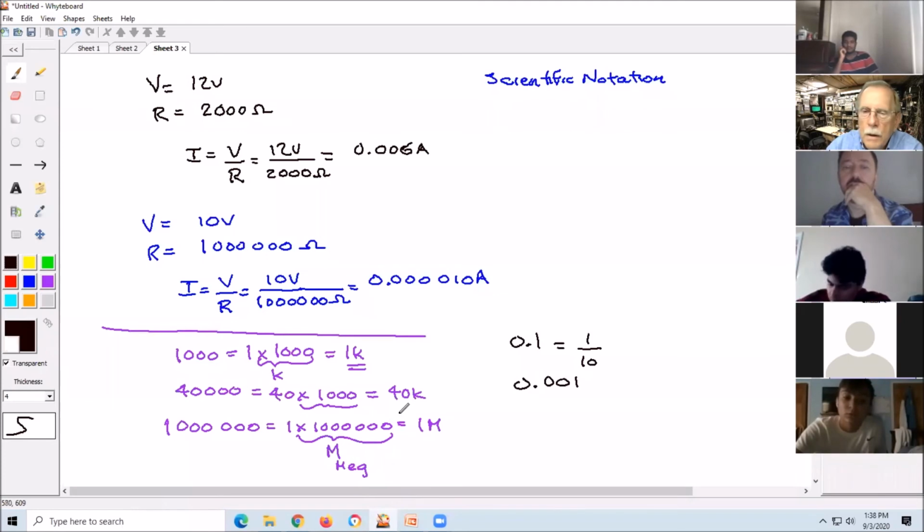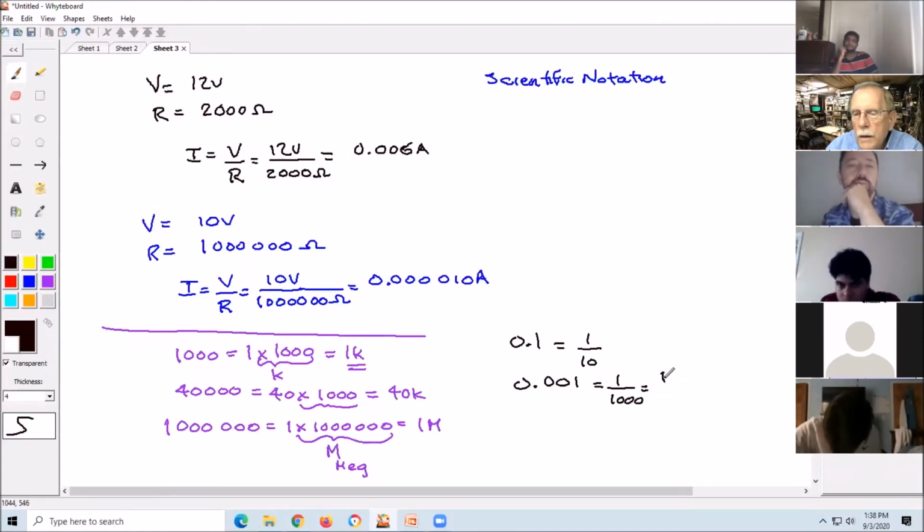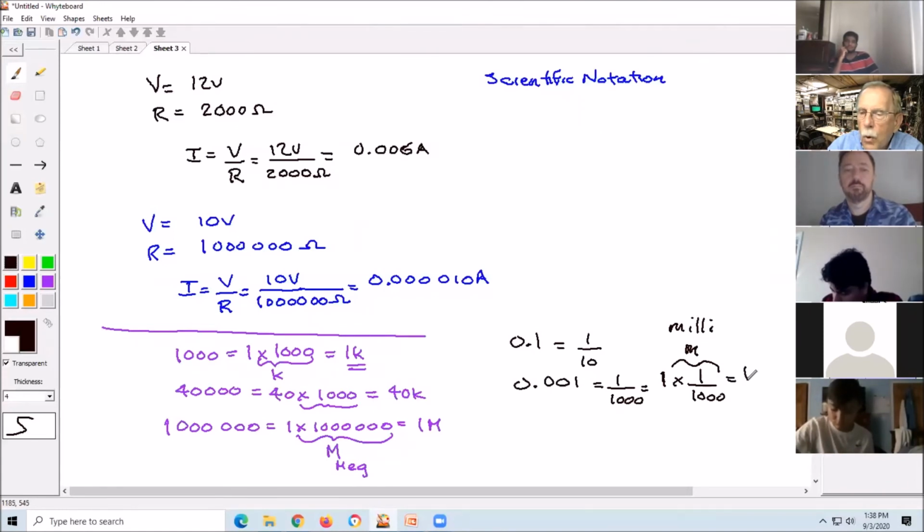One over 1,000, which would be the same as 1 times 1 over 1,000. Yeah. We have a metric prefix for that. The 1 over 1,000 is lowercase m, which we call milli. So we could write this as 1 lowercase m, 1 milli. Okay?